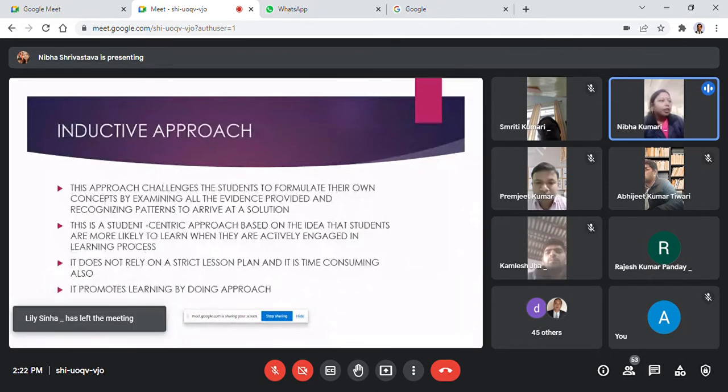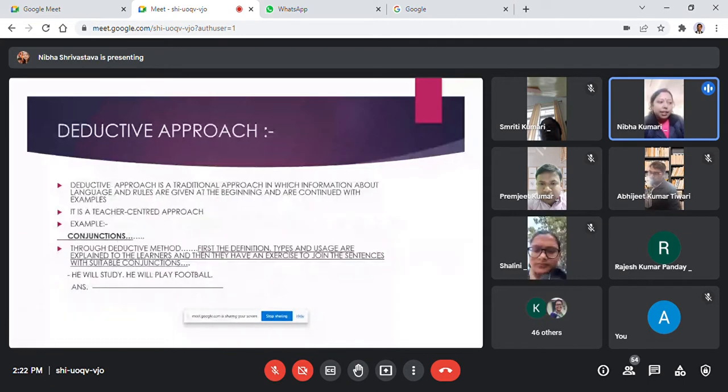This approach challenges the students to formulate their own concepts. Like in the previous slide, the last example that we saw, "He will study, he will play football." If I just give them these two sentences first, without telling them the rules, and say, "Students, try to join them," obviously some of them will join like "He will study, but he will play football," or "He will study, so he will play football."